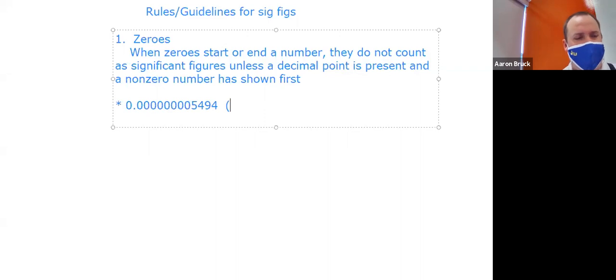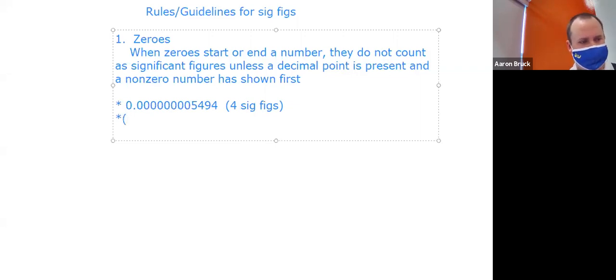Only the non-zero numbers that came after actually count. Same thing if I have numbers that are making a number really, really big. So I've got 3.5 million here. All of the zeros after that 5 are insignificant.